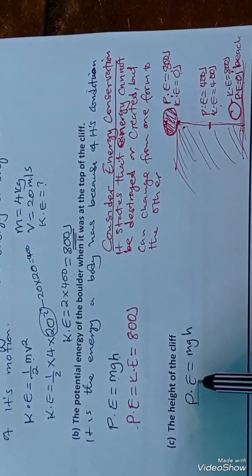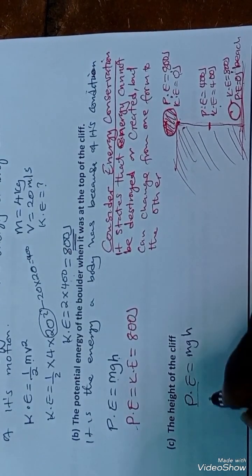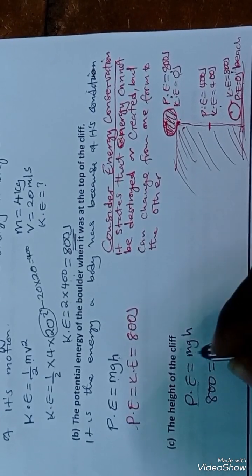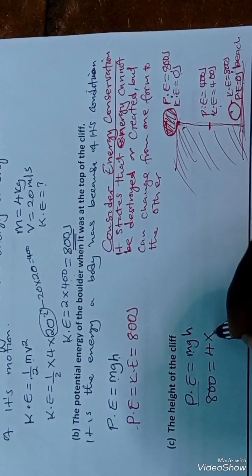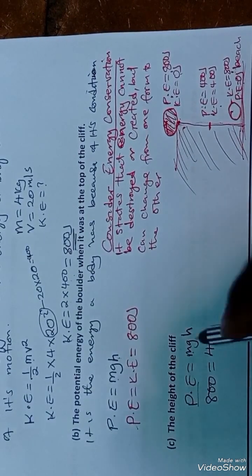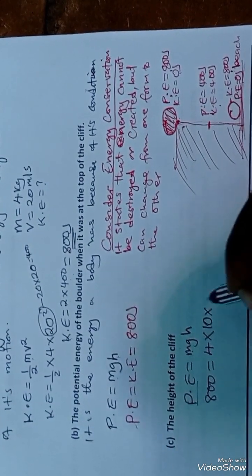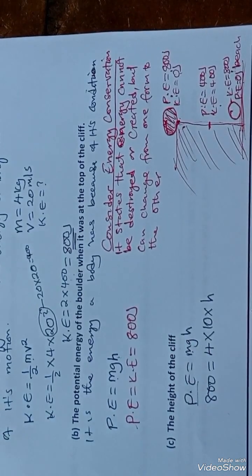Potential energy is 800 joules. Mass is 4 kg times gravity, which is 10. Then height is what we want.